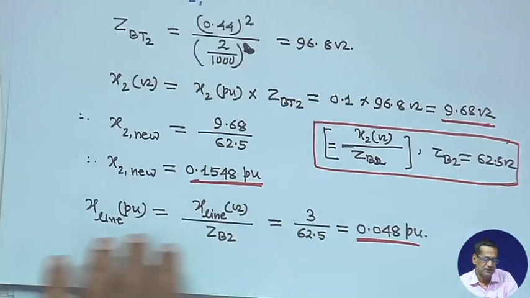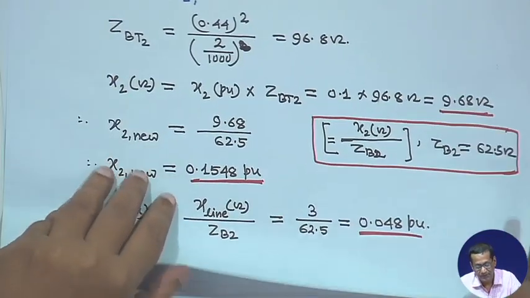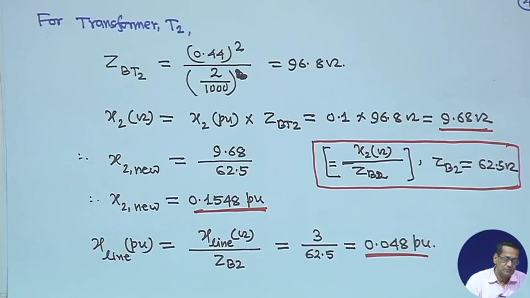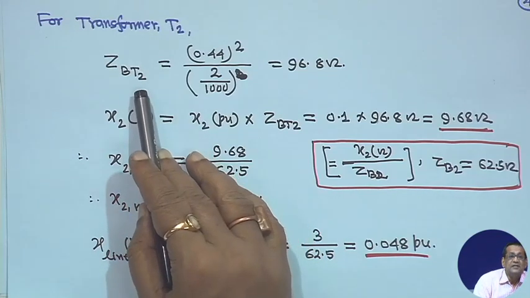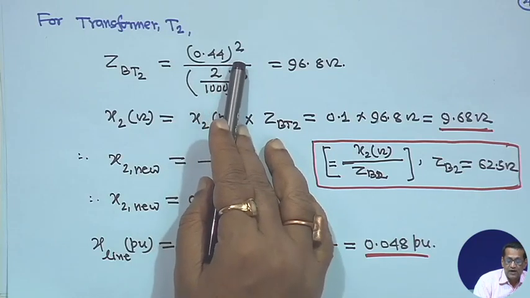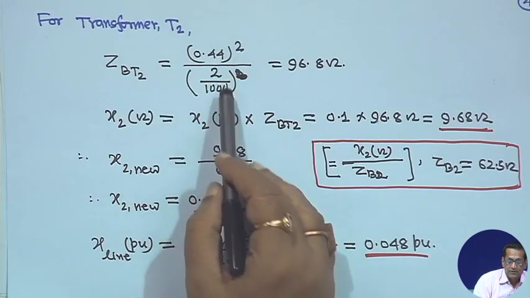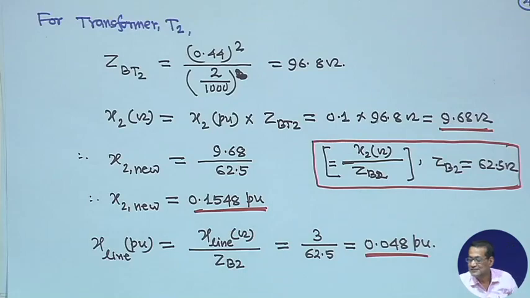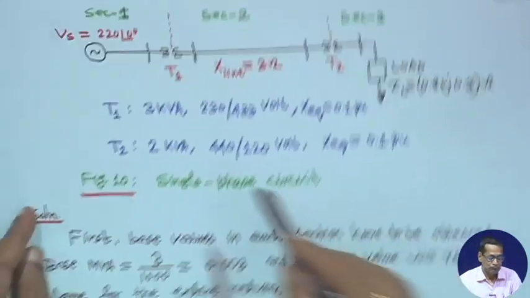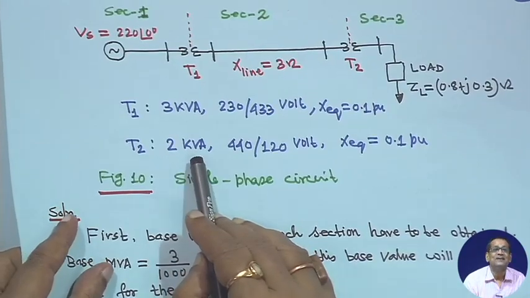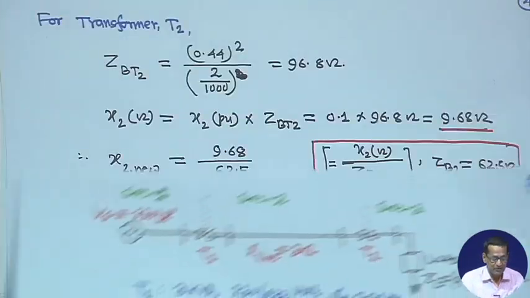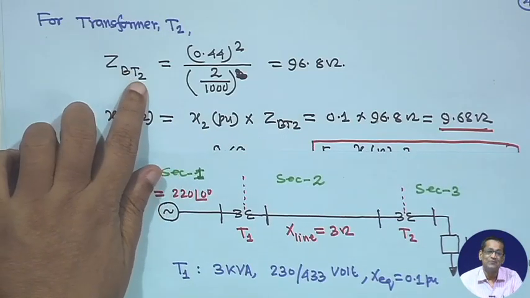For transformer T2, ZBT2 is equal to 0.44 square divided by 2 by 1000. The reason is that transformer T2 is rated 2 kVA, 440 volt by 120. Therefore, first you find out the base impedance for transformer T2.